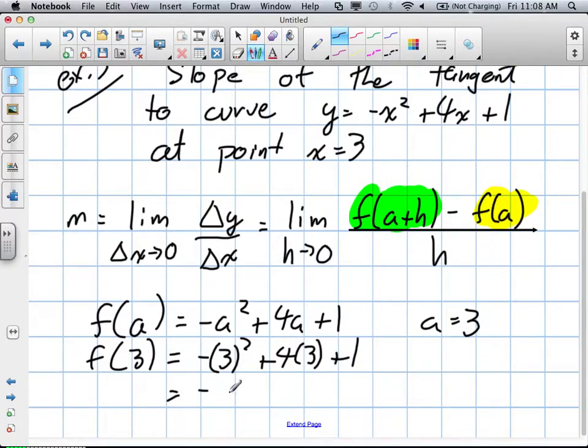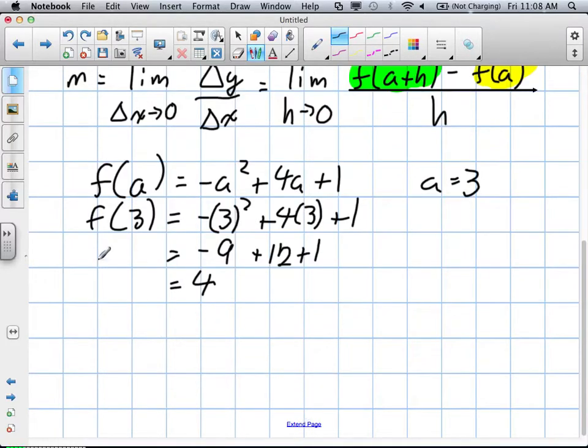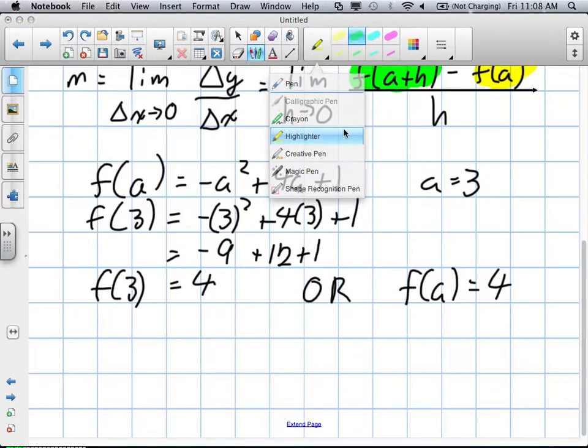That gives us negative 9 plus 12 plus 1, which is 4. Okay. So what they discovered is f at 3, or in our formula above, f at a is equal to the number 4.